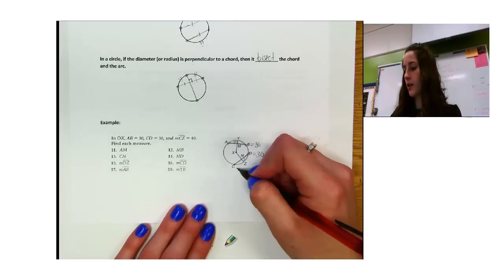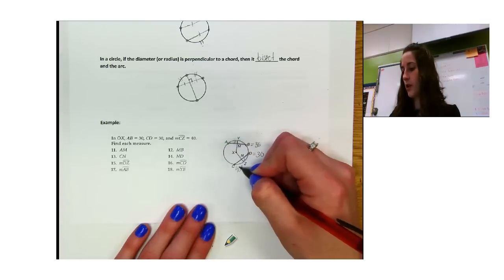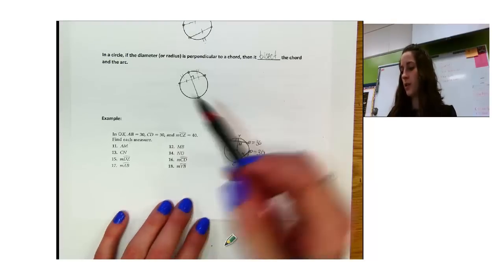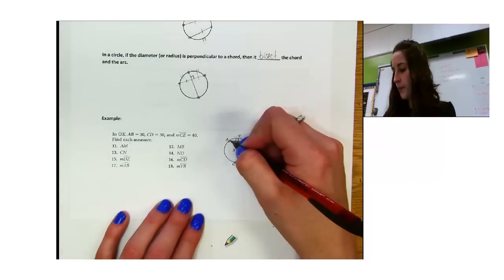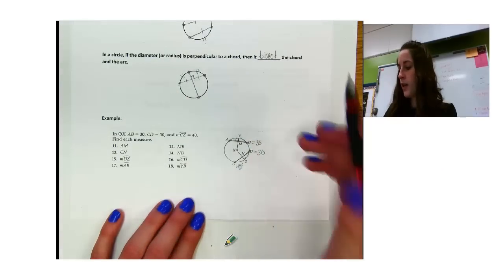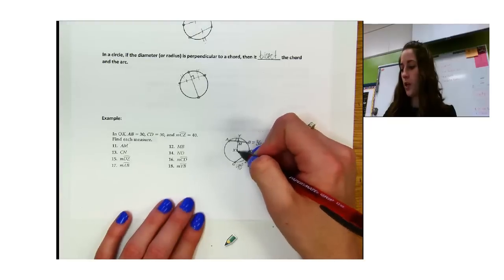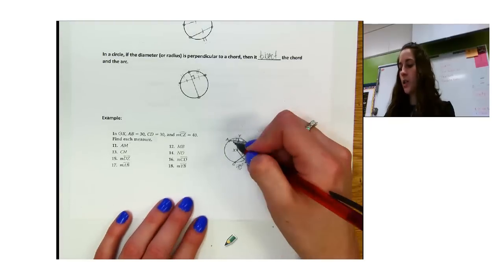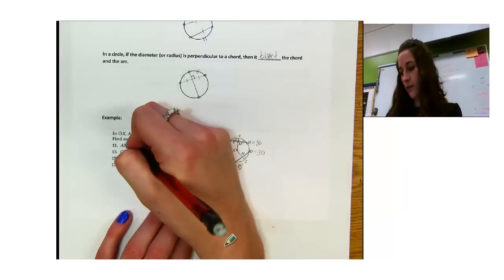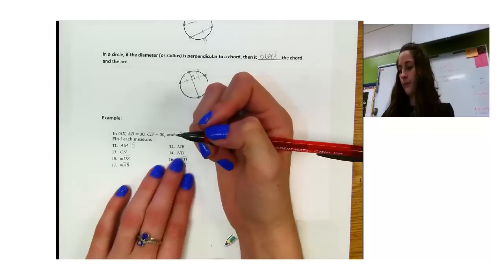And the measure of arc CZ is 40 degrees. Find each measure. So it's asking us to find AM. Well, we know from the theorem right here that since the radius is perpendicular to the chord, it's going to cut it in half. And we know it's 30, so it's going to make it 15.